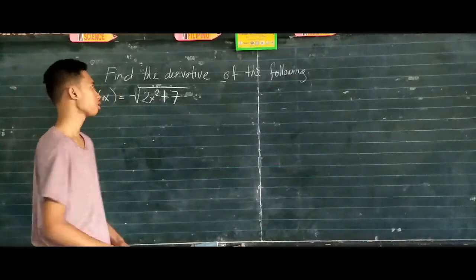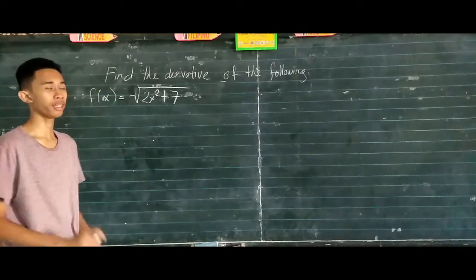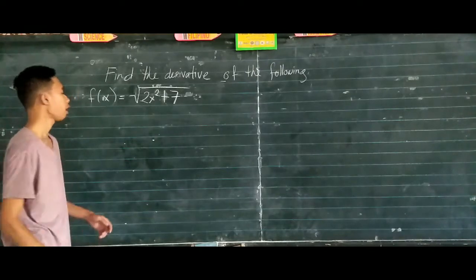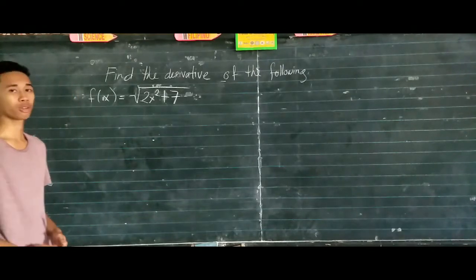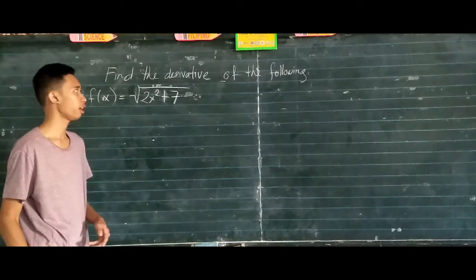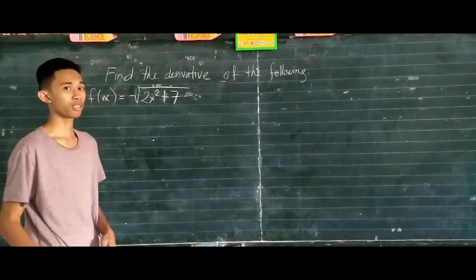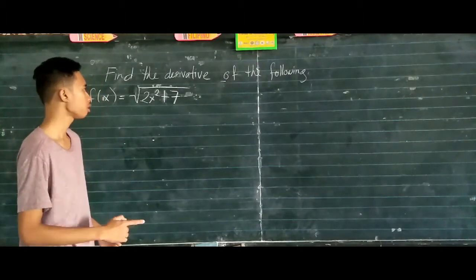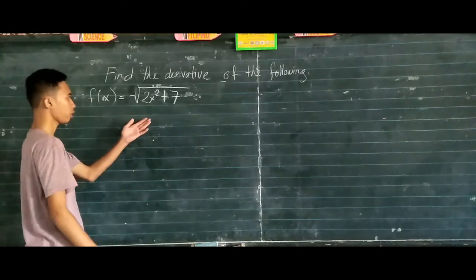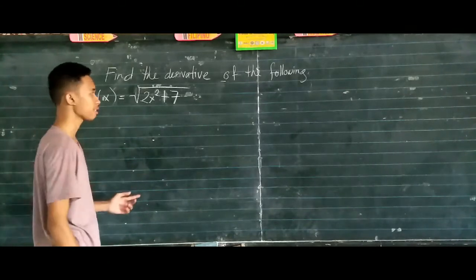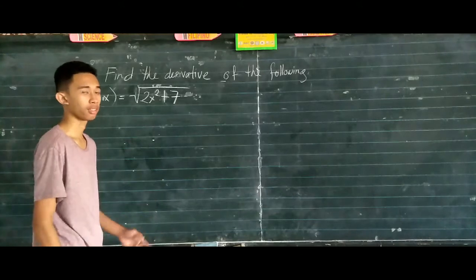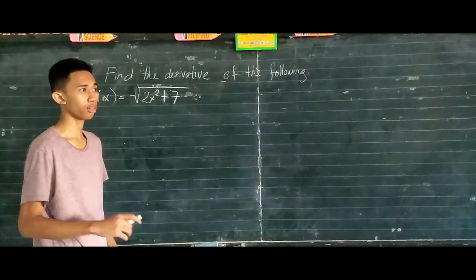So now for the next equation, finding the derivative of the following: f of x equals the square root of 2x squared plus 7. This is how to find the derivative of this using the chain rule. First things first, in this equation, we can modify the radical sign into an exponent. So how to do that?